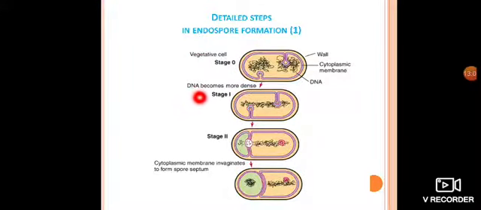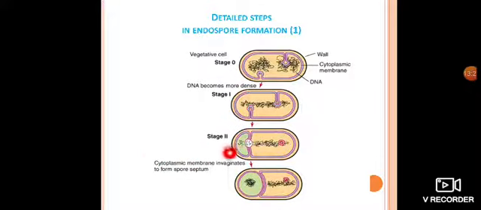What first happens is the DNA becomes more dense. When the DNA becomes more dense, that is stage one. Here we can observe in this diagram it becomes denser. Okay, then stage 2, what is stage 2? The cytoplasmic membrane is invaginated to form the spore septum.